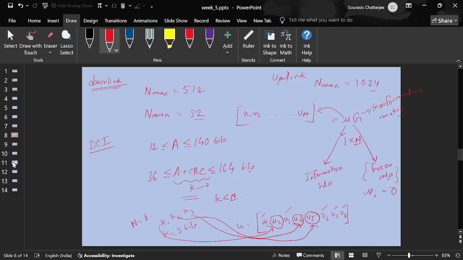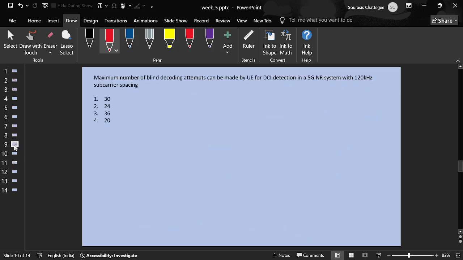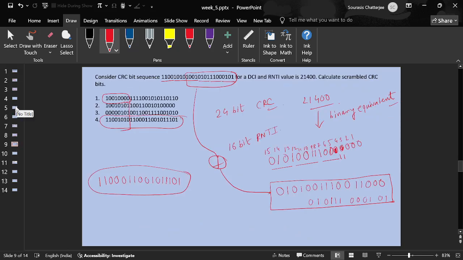Okay, so let me get to the RNTI example here. Here too we have to reverse the order because we have to convert it to a binary decimal. The conversion will be reversed.